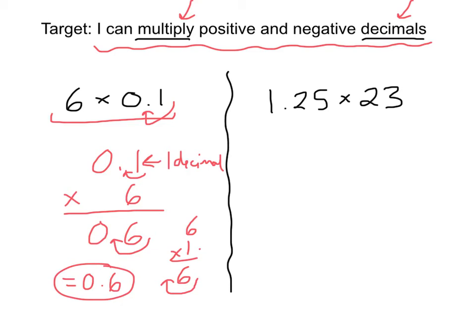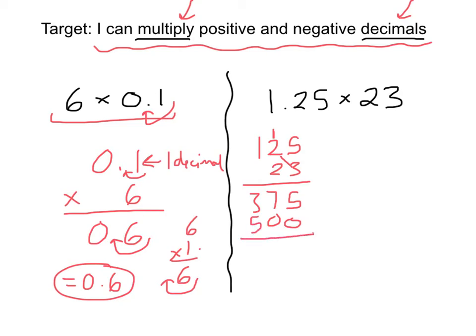I'm going to multiply 1.25 times 23. If I just multiply 125 times 23, so take out the decimals, multiply, 3 times 5 is 15, carry the 1, 3 times 2 is 6, plus 1 is 7, 3 times 1 is 3. I'm moving over a place, so I'm going to add a placeholder 0. 2 times 5 is 10. Carry the 1. 2 times 2 is 4, plus 1 is 5.